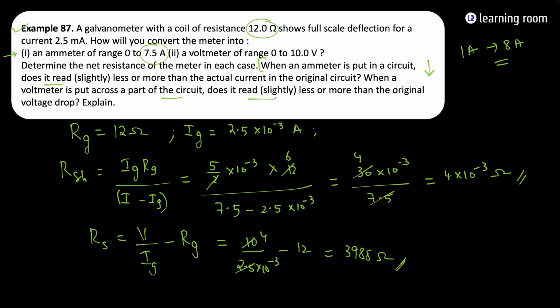This is also going to measure a lesser value. The same is going to draw some current. Initially there will be some potential drop across the ammeter. In a similar way, across the voltmeter there is some current drawn by the device. Is the point clear? So in both cases the values will be lesser than the original value. Is that point clear? Yeah.